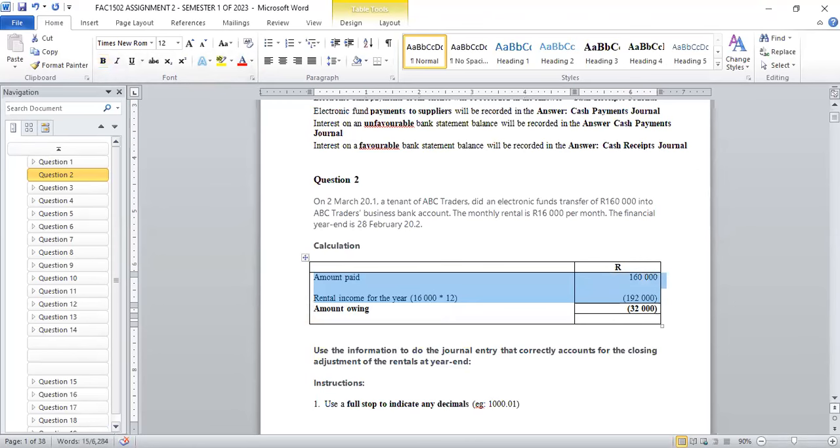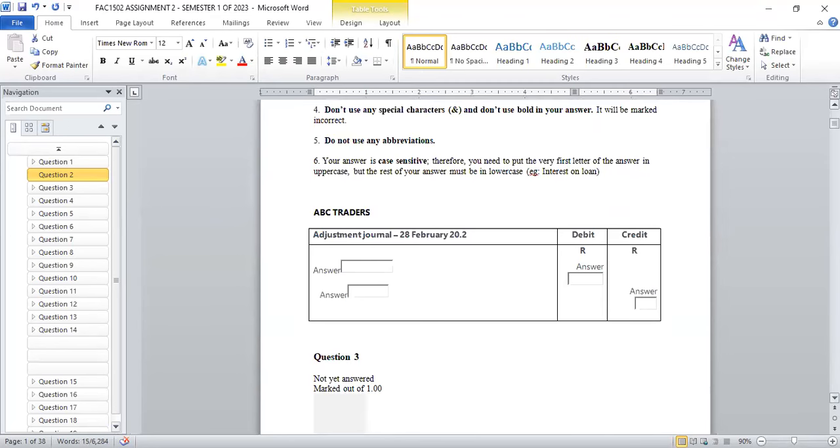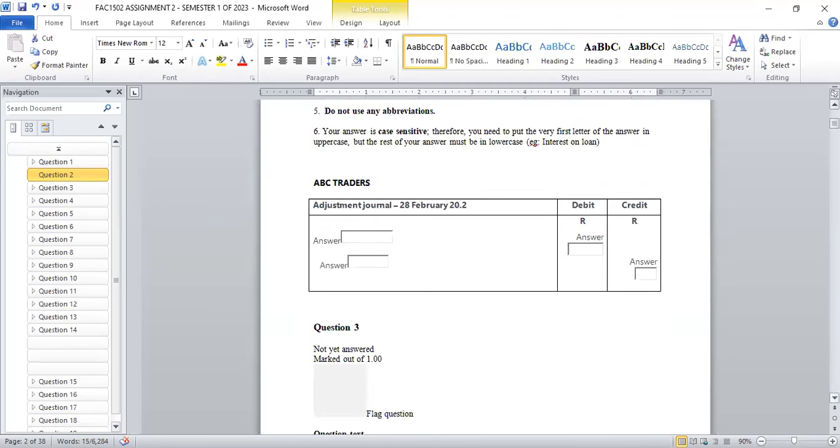To record, if a tenant underpays you, in accounting we use what is called the matching principle of accounting, or the accrual concept, whereby income, as long as it's income for the year, we record it even if it was not received. So although this 32,000 was not received, it has to be recorded as income because it belongs to this year.